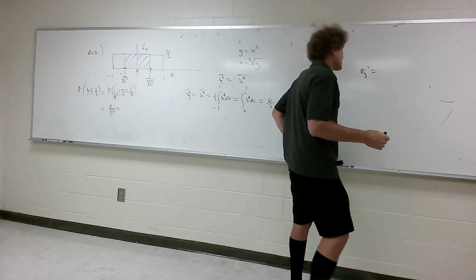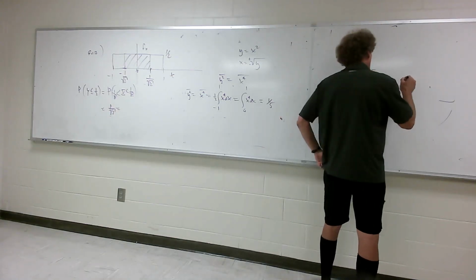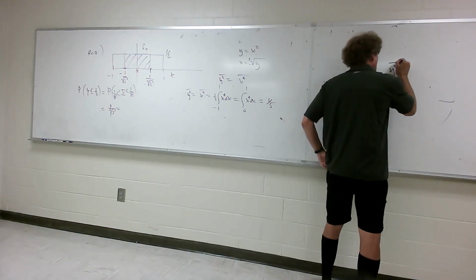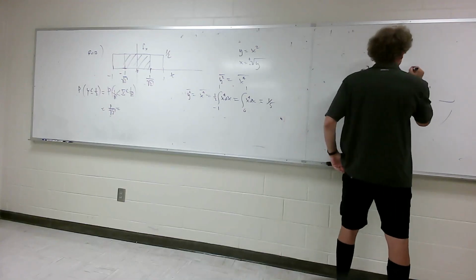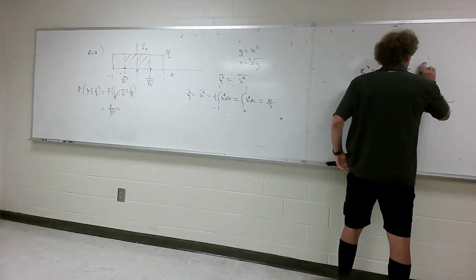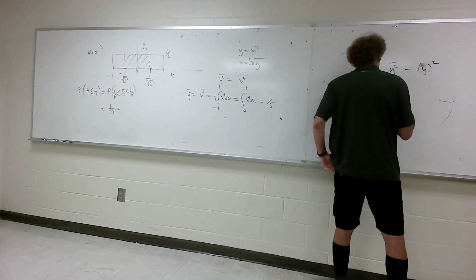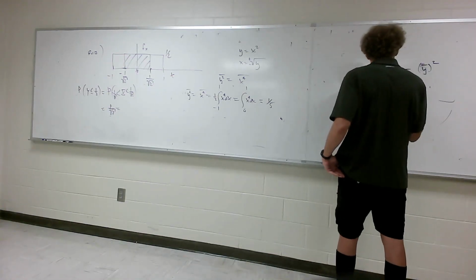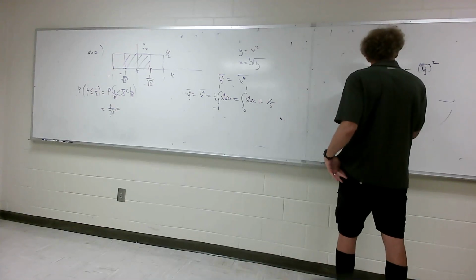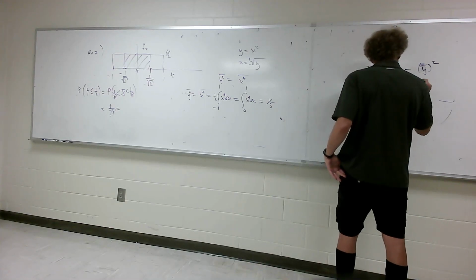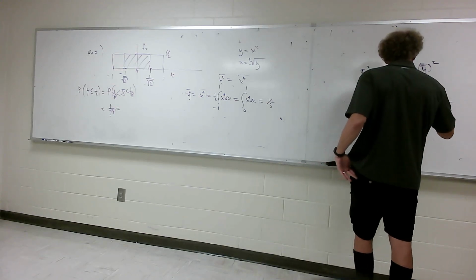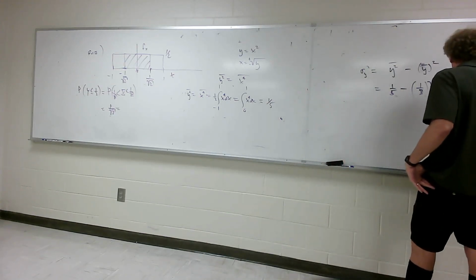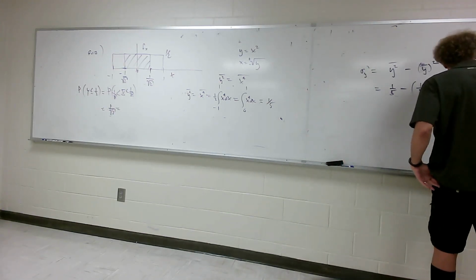Well, the variance is always going to be the mean squared value of y, minus the mean value of y, squared. Y squared is 1/5, right? Minus, what's the mean value? 1/3 squared. So that's 1/5 minus 1/9.